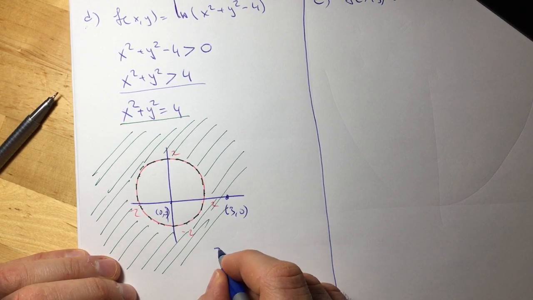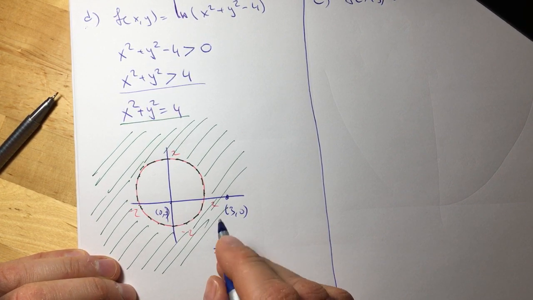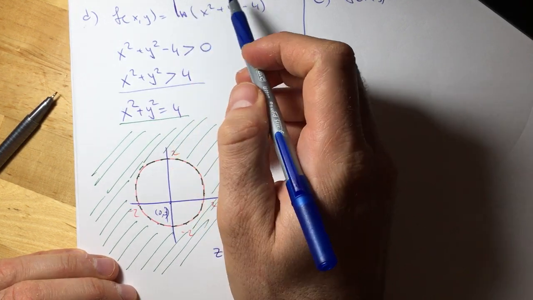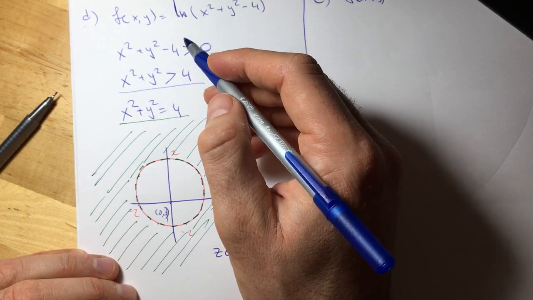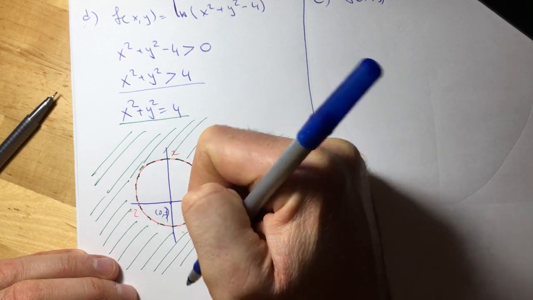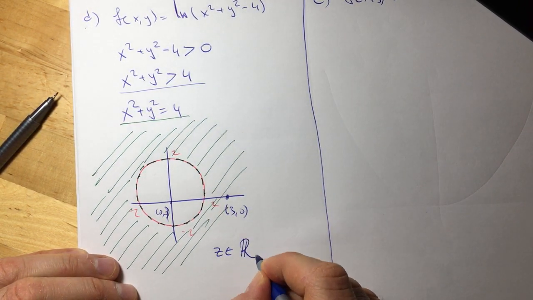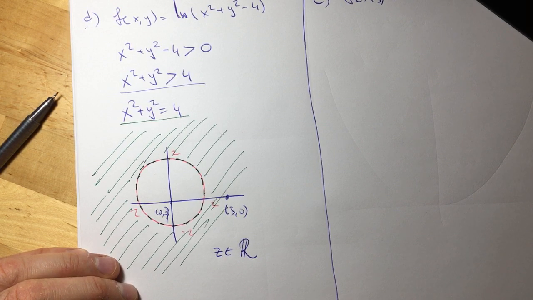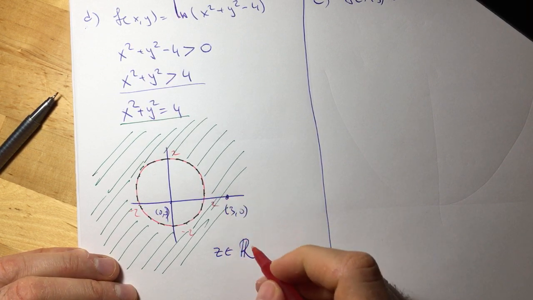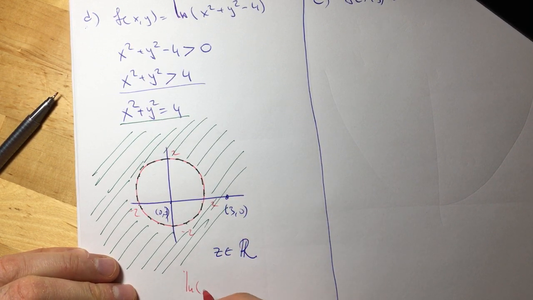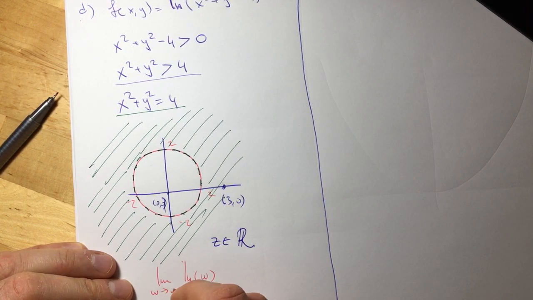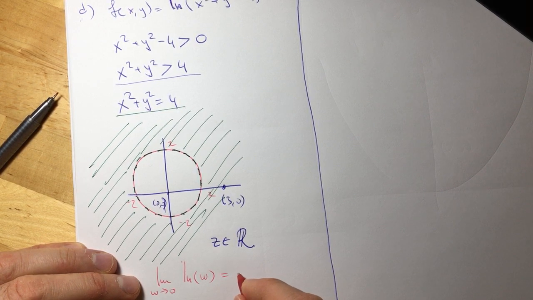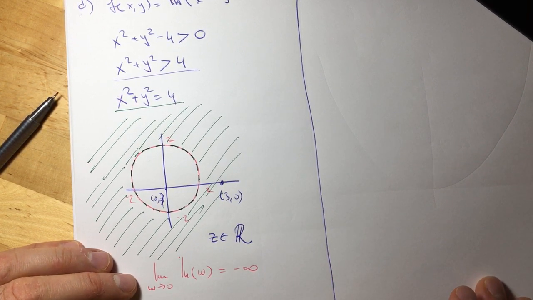Well, we know that z, if a function is defined as ln of something, the range of ln takes all the values from negative infinity to positive infinity. For example, ln of w, the limit as w goes to 0 from the right is equal to negative infinity.